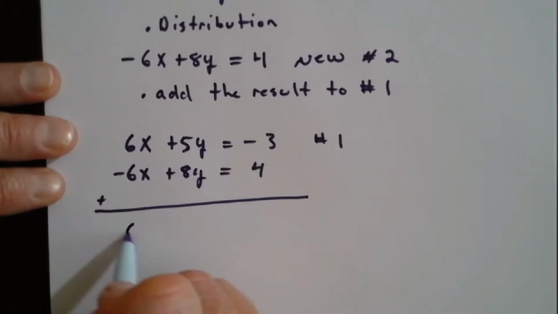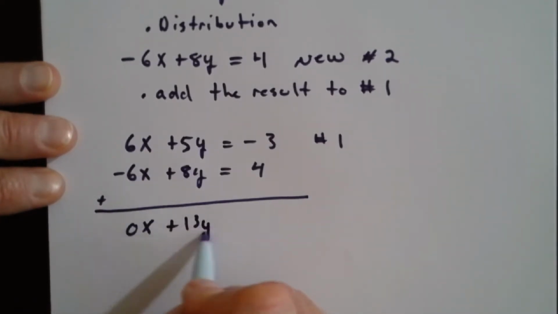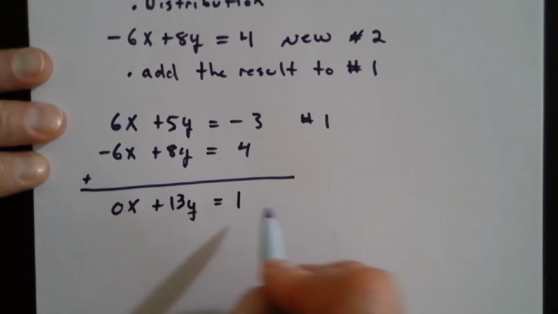And so we have 0x plus 13y is equal to 1.